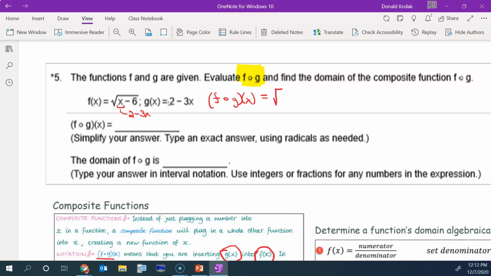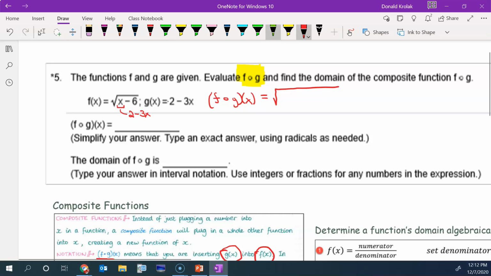So f of g equals the square root. Now, in place of that x, I'm going to put in g, so that will become 2 minus 3x. And then I copy the rest of this, which is just minus 6. Then simplify that.